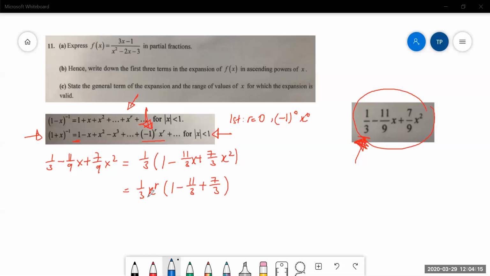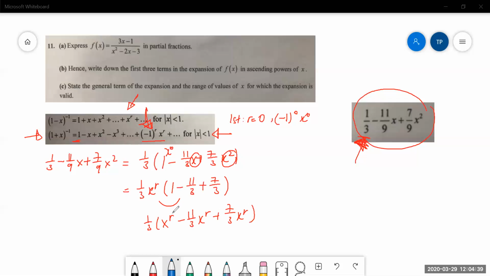Where did the x^r come from? Because here is x to the power of 0, this is x to the power of 1, this is x to the power of 2. If I multiply this x to the power of r in, I'm going to get 1 over 3 x to the power of r, minus 11 over 3 x to the power of r, plus 7 over 3 x to the power of r.